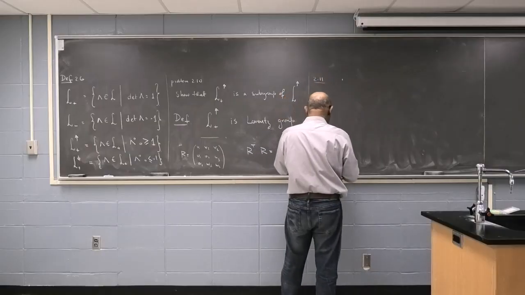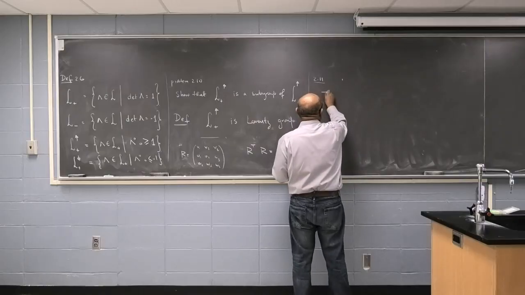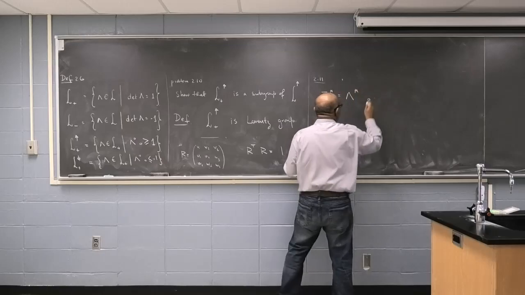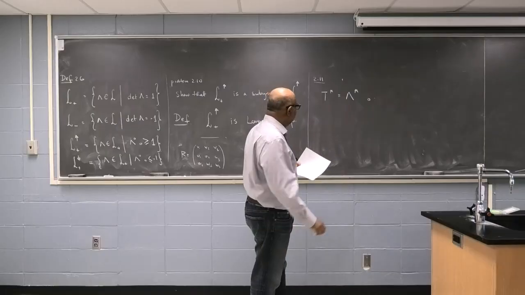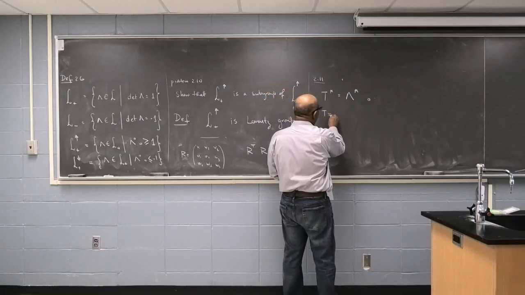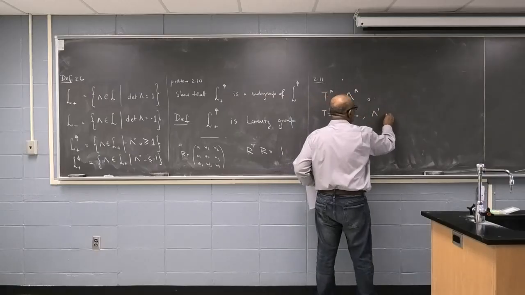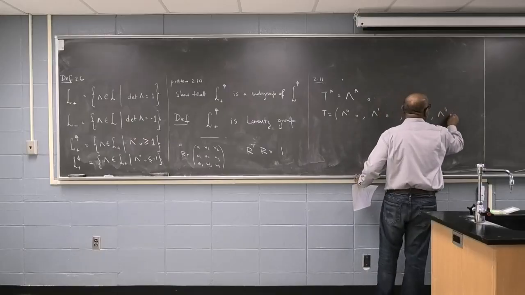If you have a Lorentz transformation, and if I define a vector T mu to be lambda mu 0, what does that mean? As a vector, the components of T would be lambda 0 0, lambda 1 0, lambda 2 0, and lambda 3 0.